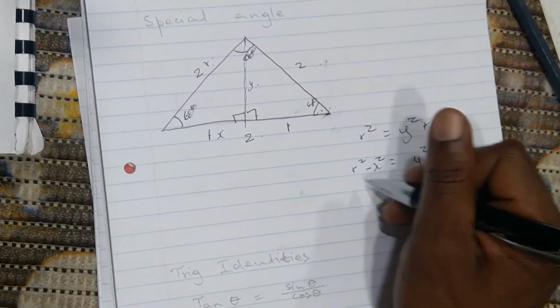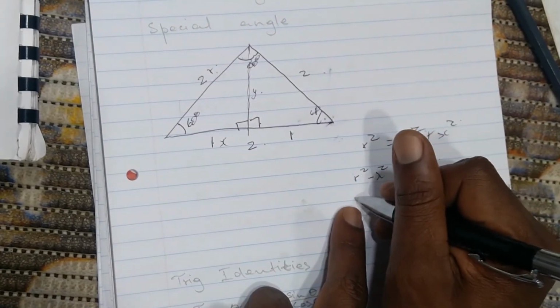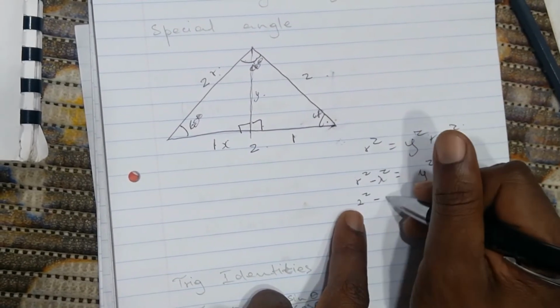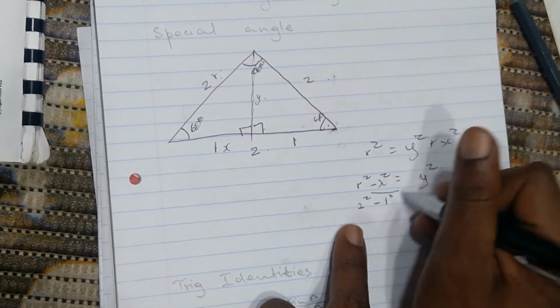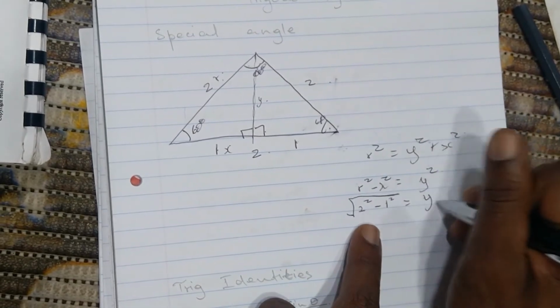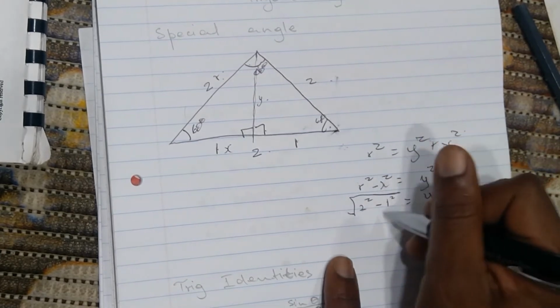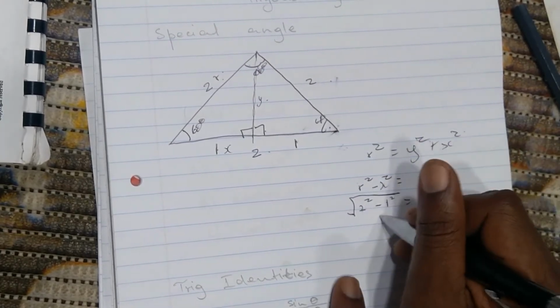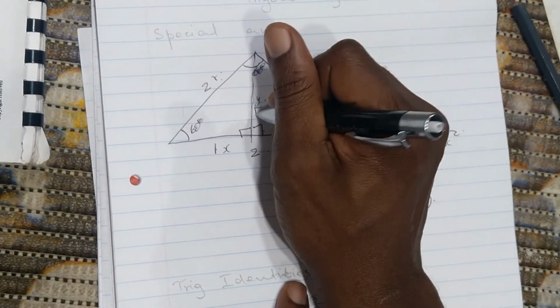So here, y squared is 2 squared minus 1 squared, and if we take the square root, I'm just jumping one more step here, it's 4 minus 1, so that gives us square root 3. So you don't need to really memorize this.